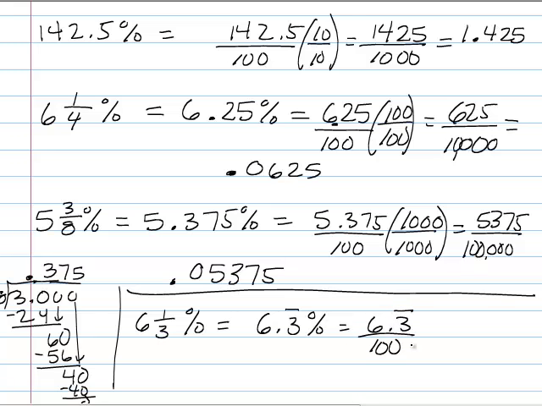When we remove the percent, we divide by 100, and that is going to effectively give us 0.063 repeating. And the repeating, of course, just goes over the 3. We want to make sure it's clear that we're not getting it over the 6 there. And that would be our decimal equivalent. 6 and a third percent is the equivalent of 0.063 repeating.